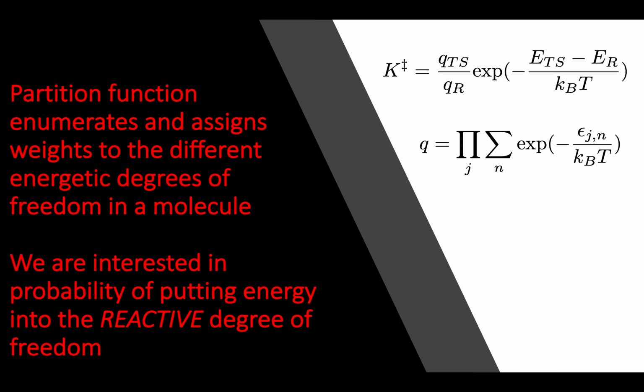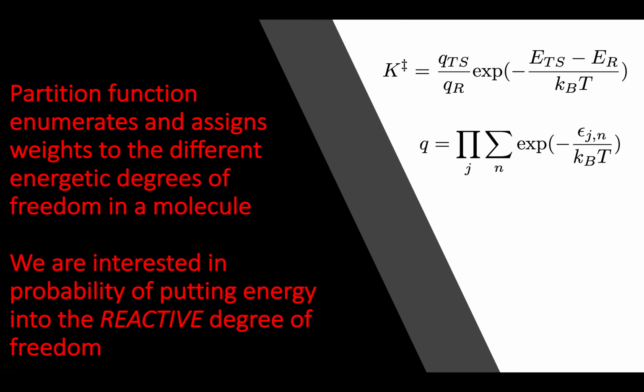Because I now have a choice to put into translations or rotations. If I keep going up, I can access vibrations as well. So the same idea here is true. In fact, the partition function essentially just quantifies, or helps you to quantify, the probability of putting energy into a particular degree of freedom of your molecule as a function of temperature.